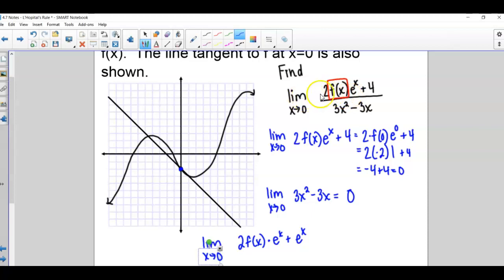What is the derivative of 2f of x? What is it, Wendy? Good. 2f prime of x. And then what's our derivative of the 4? It's 0, so it goes away. In the denominator, it's much more simple. We'll have 6x minus 3.